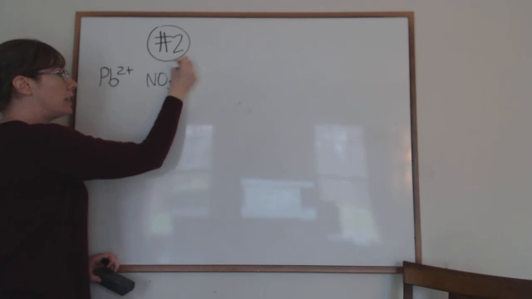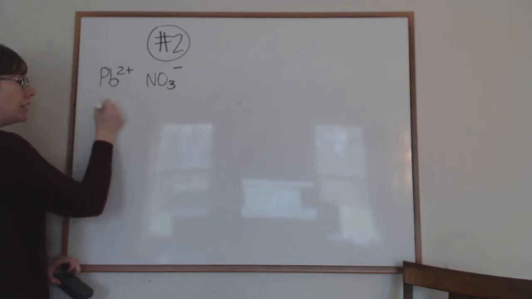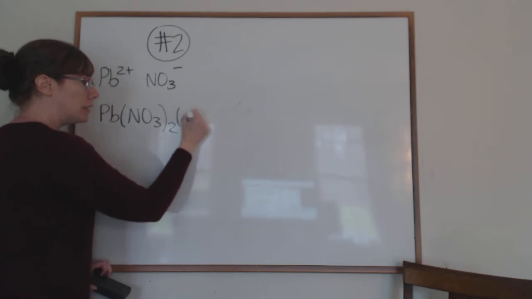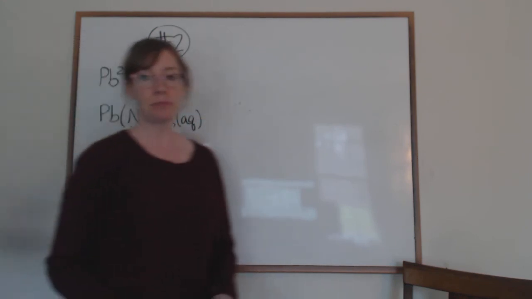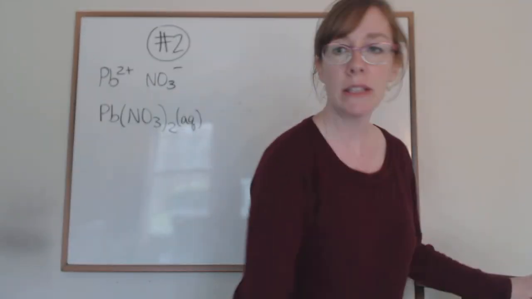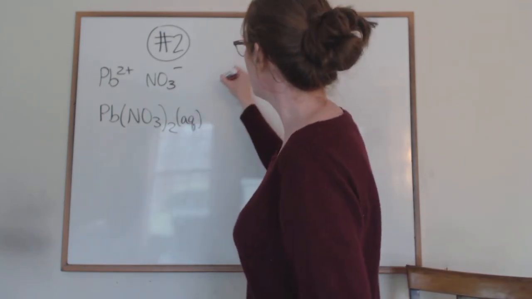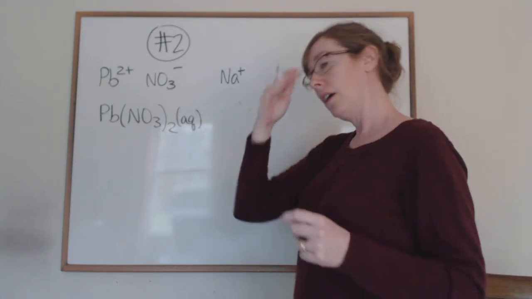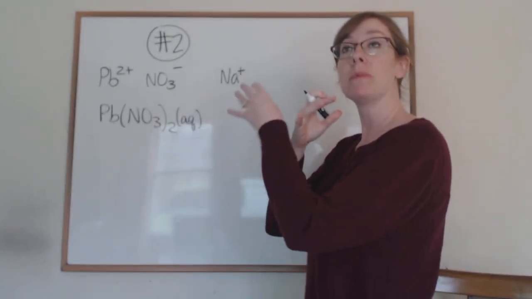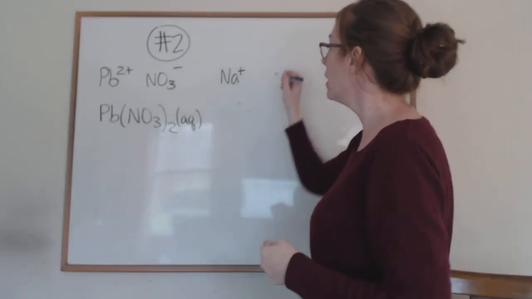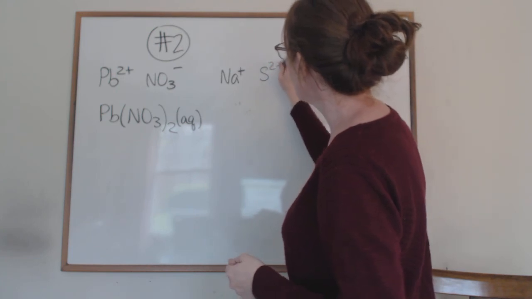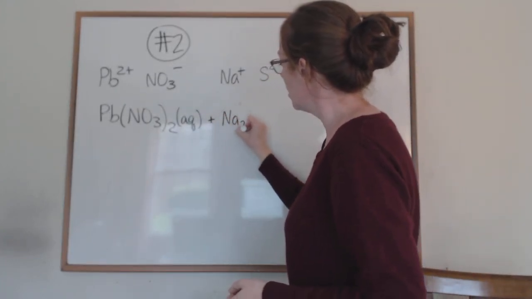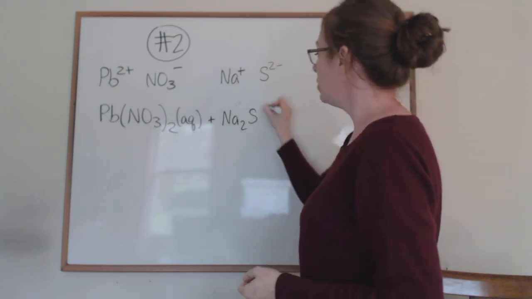Nitrate, everybody knows it's NO3 minus, so therefore lead 2 nitrate is this compound here, and it's aqueous. Okay, sodium sulfide. Sodium forms the Na+. Once again, metal, non-metal, so therefore it's ionic. Sulfide is the S2- ion, and therefore this compound would be Na2S, aqueous.